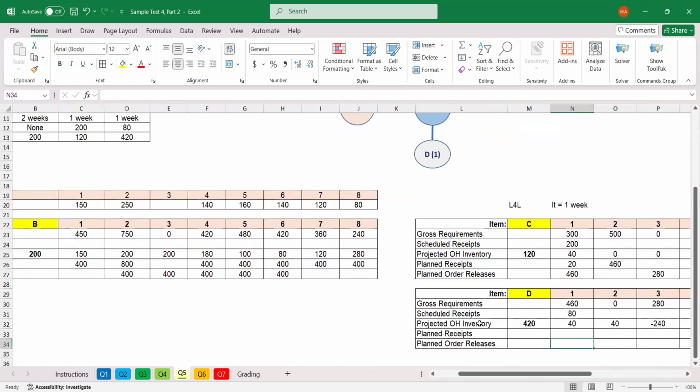Okay. All right, so if P equals 2, let's assume that we're going to start ordering here. And when you're ordering here, you're going to be ordering enough to satisfy demand for the next 2 weeks. Okay. So I'll have to figure out how much I need to satisfy the next 2 weeks. And in this case here, I have more than enough in the warehouse already, so I'm not going to place an order here.